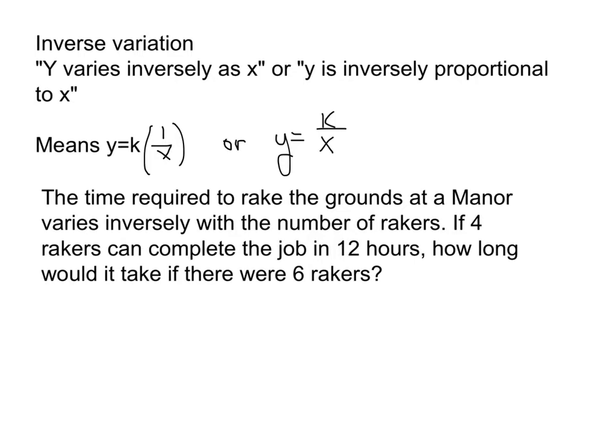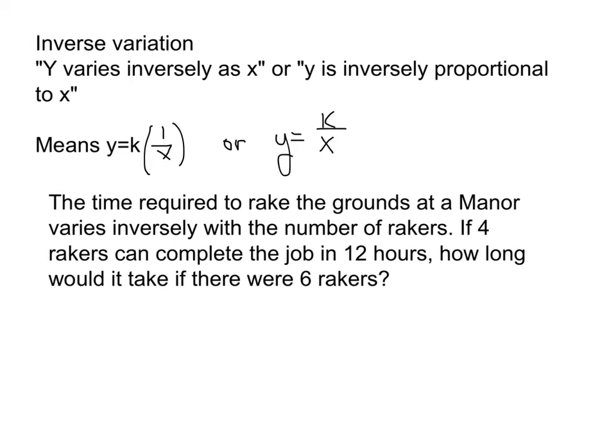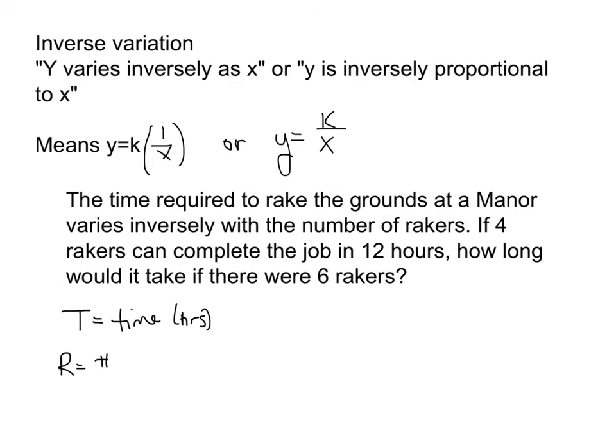So if we start this, we are going to define some variables. So let's let maybe capital T represent time, and this is in hours. Maybe we let R be the number of rakers.